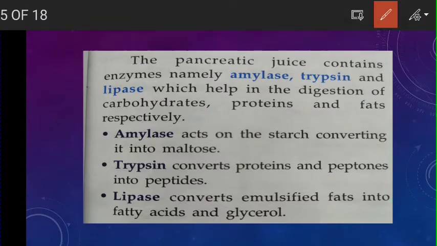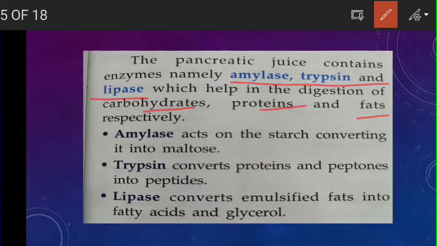Pancreatic juice contains enzymes, namely amylase, trypsin and lipase, which help in the digestion of what? Carbohydrates, proteins and fats respectively. Respectively means amylase acts on carbohydrates, trypsin acts on proteins, and lipase acts on fats.